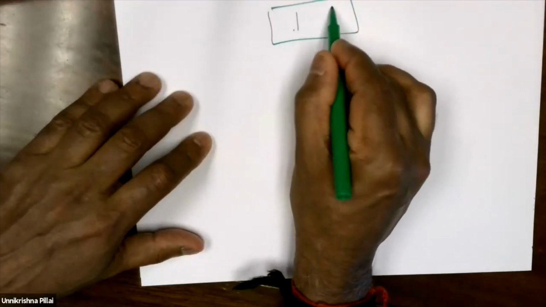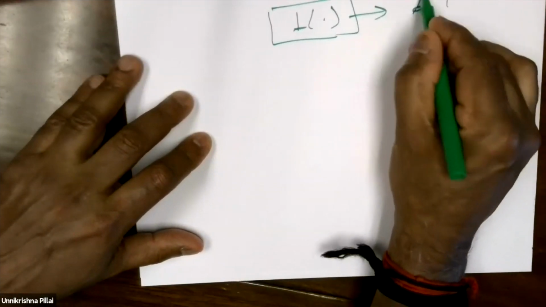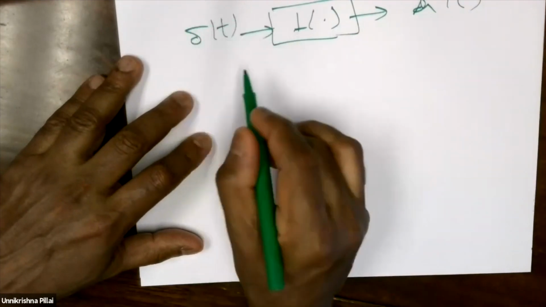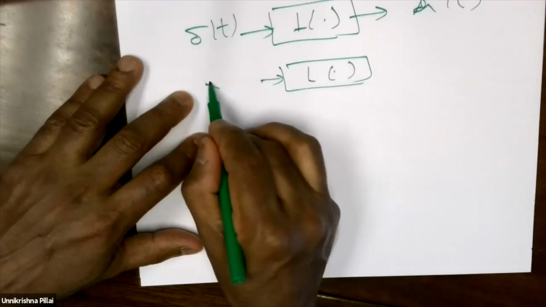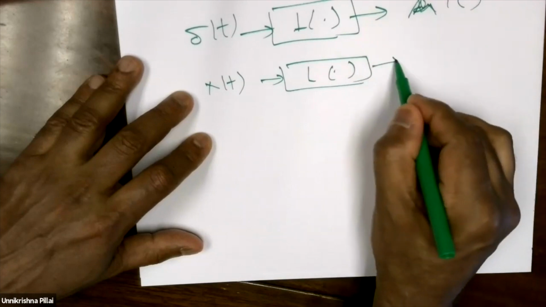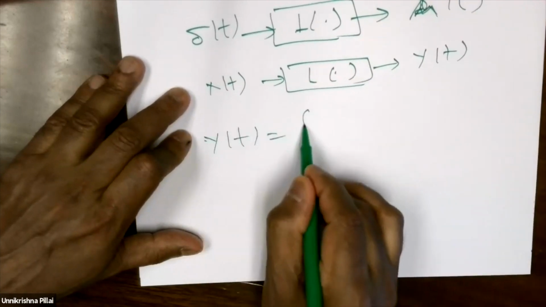So if you have a system L whose impulse response is h of t, if you hit it with an impulse, and then you hit the same system with x of t, then y of t can be written as this. That's the whole point.